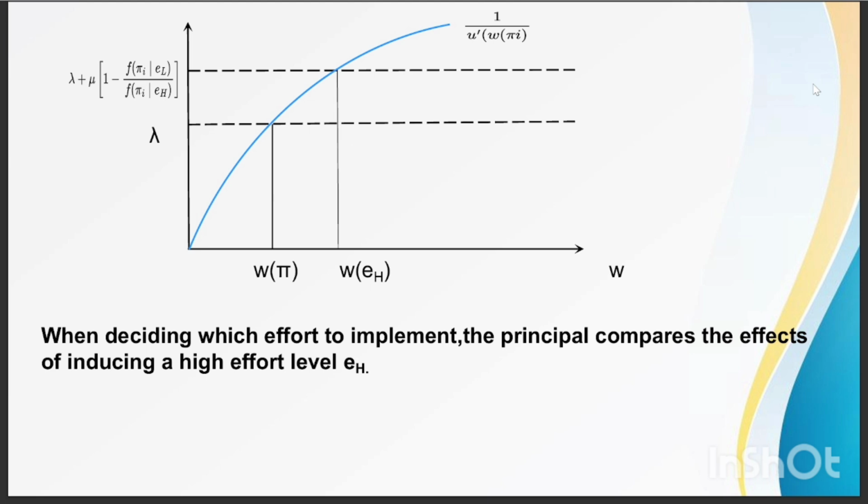We can see from the graph that a lower wage is needed at high effort since effort is observable, and a higher wage is needed for the same high effort under asymmetric information. So the gap between the two lines is the extra cost of asymmetric information. The principal is less willing to demand high effort when effort is hidden because it costs more in wages.